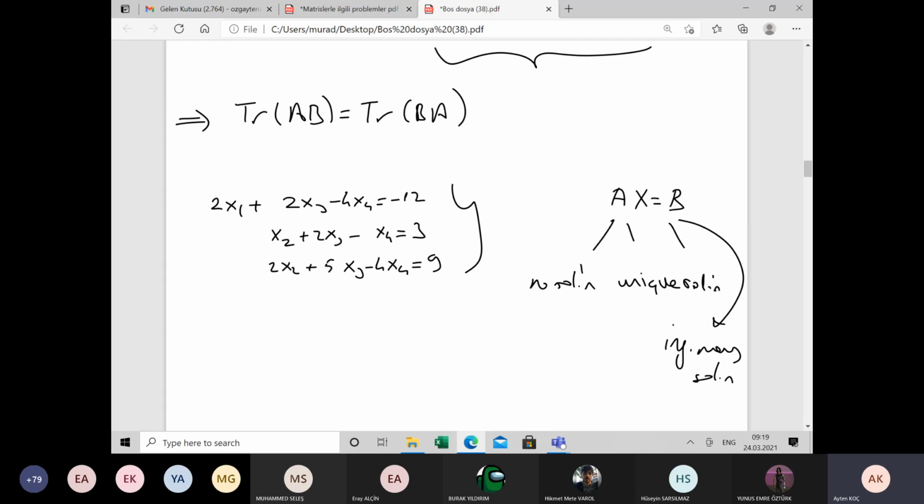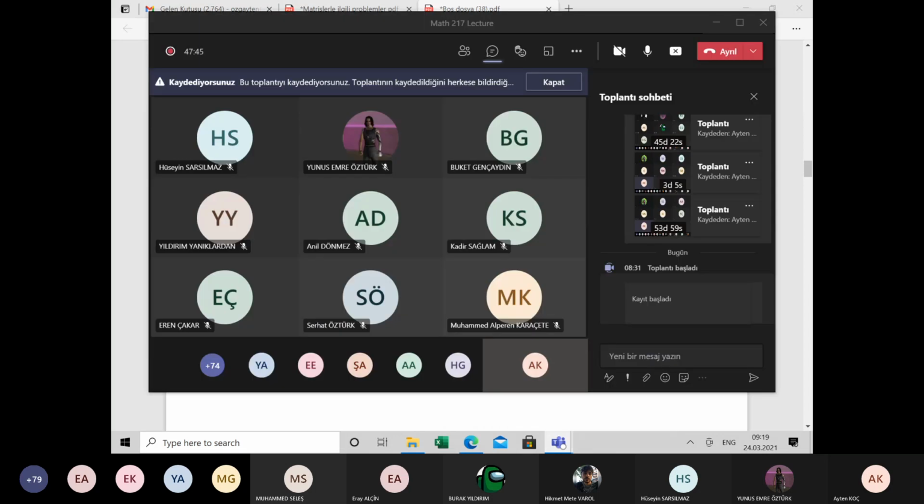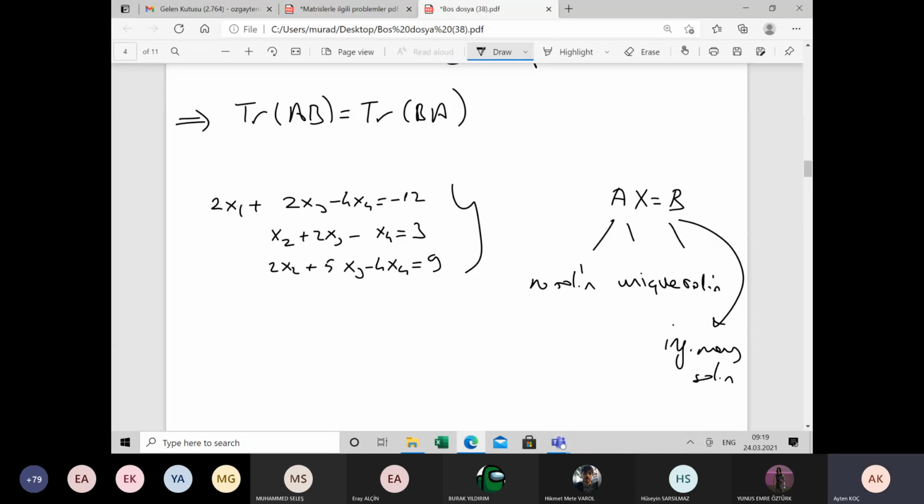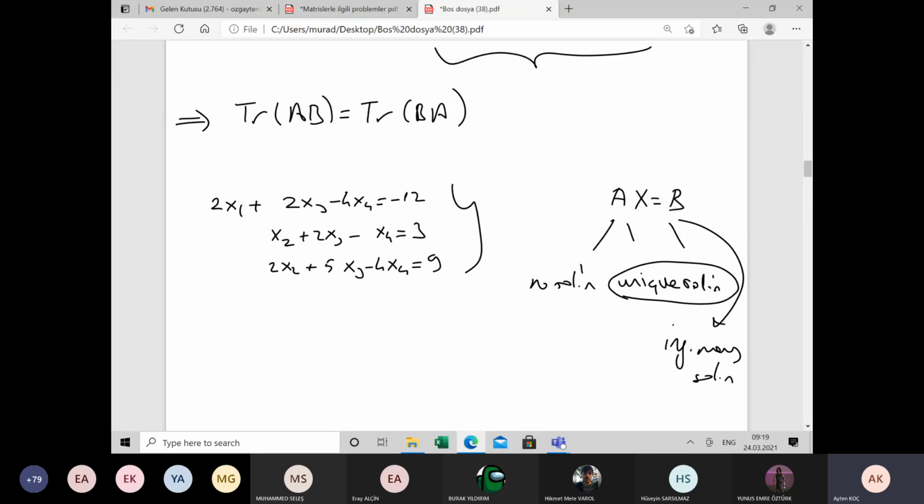So here, what can you say about our system? Does this system have no solution, a unique solution, or infinitely many solutions? Any idea? It is possible to get a unique solution here? A unique solution means no free variable.